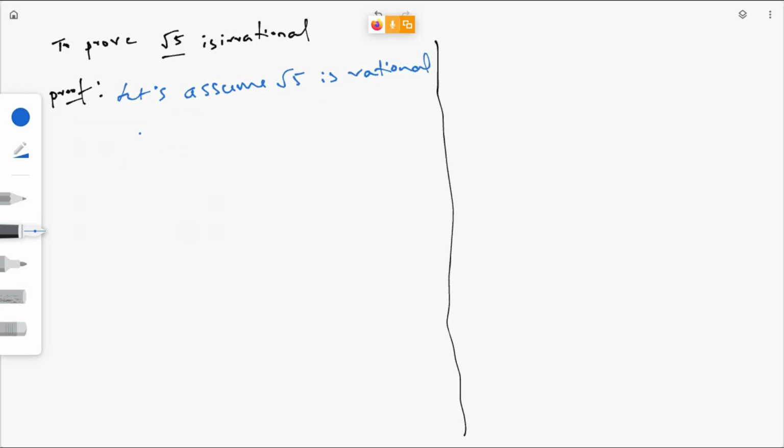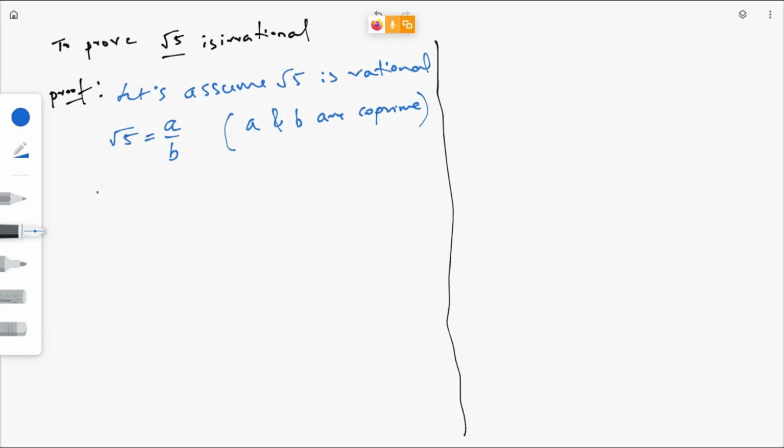Once you assume root 5 is rational, then root 5 can be written as a by b, where a and b are co-prime. So a and b don't have any common factors, right?